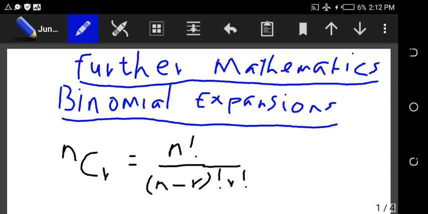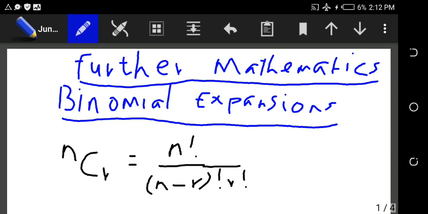So we need to really pay attention to how this works, and then use it to expand the combinations. Remember that your power, your n, will remain unchanged. However, the r will increase from 0 until you get your n. Then note that the first term of the binomial will decrease from the given power, while the second term of the binomial will increase from 0 to the given power. And of course, mind your negative signs.